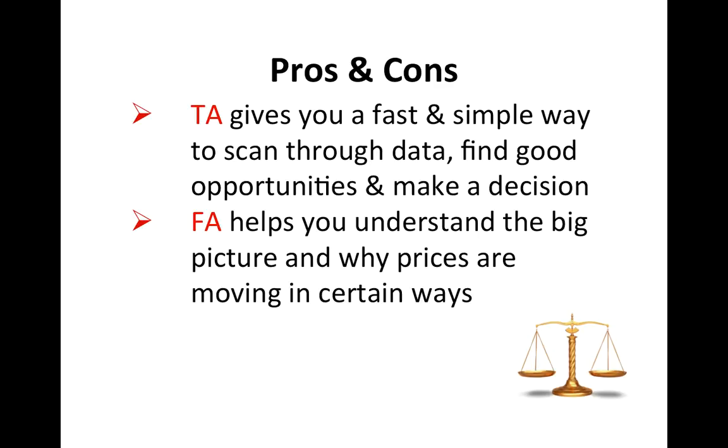Technical analysis gives you a fast and simple way to scan through data. For example, there are many different currency pairs, but technical analysis allows you to quickly scan through all the different charts and find the best trading opportunities, which then allows you to make a trading decision to buy or to sell.